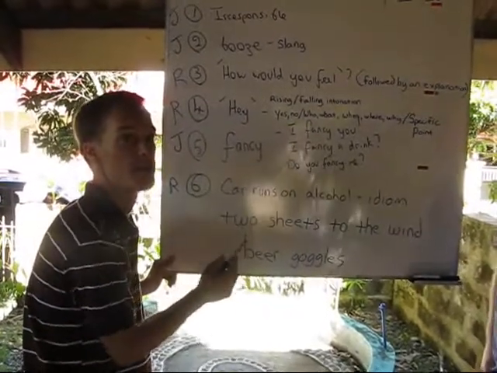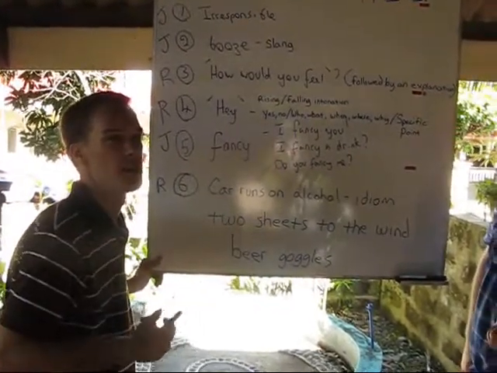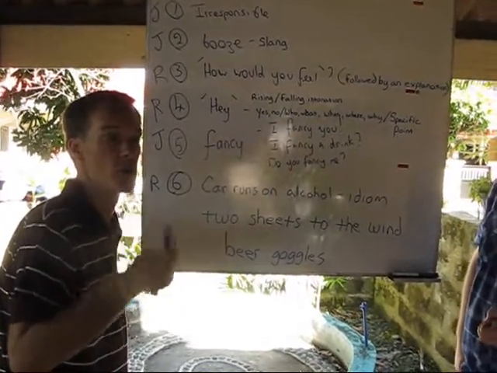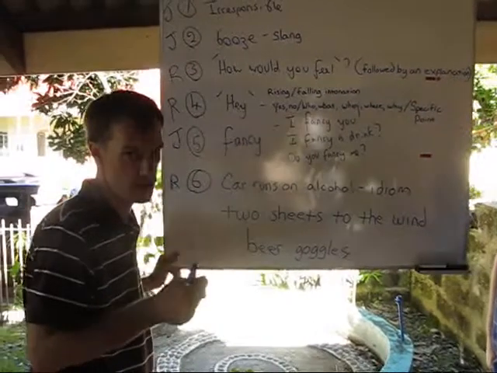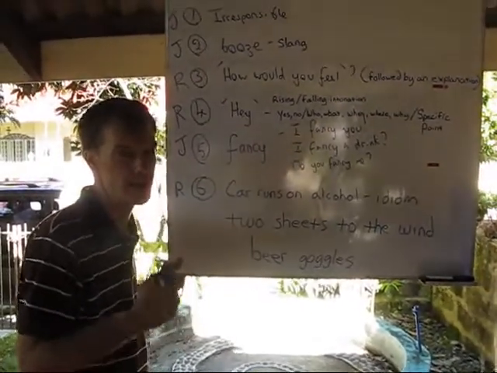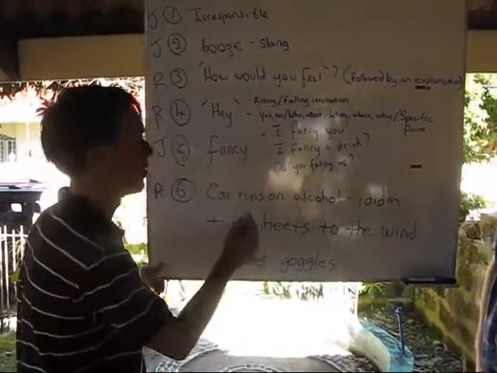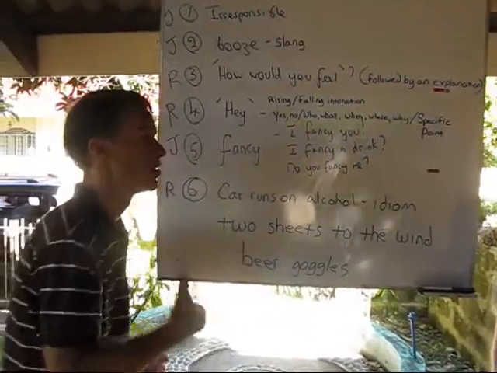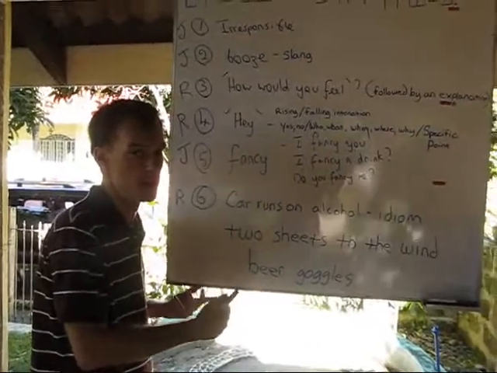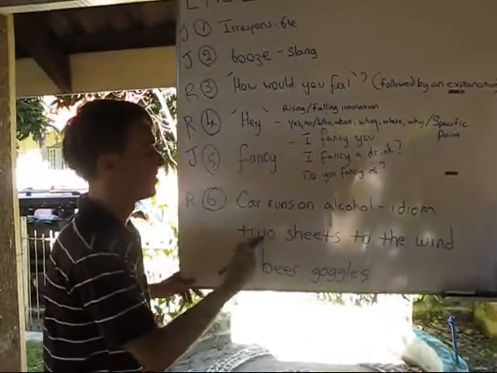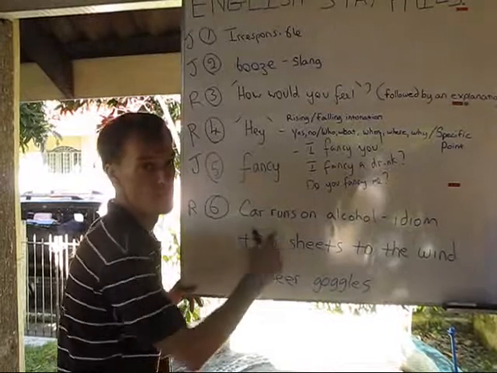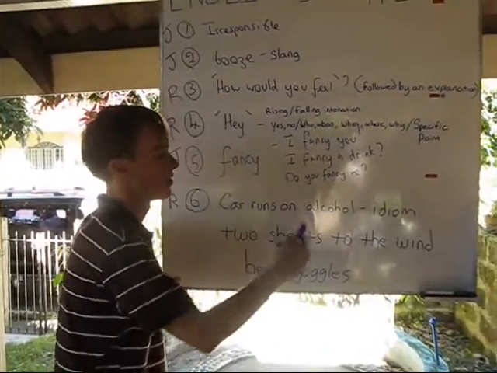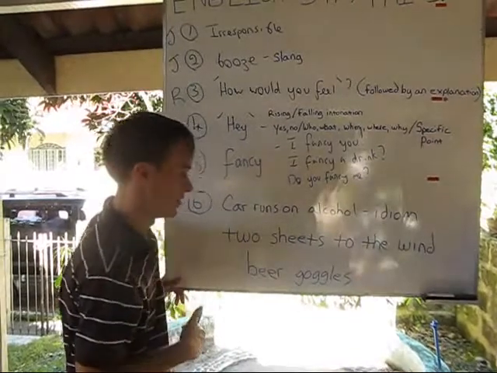This is an idiom. An idiom is like a sentence that you do not interpret exactly how they say it. It's kind of like a poetic expression. Like, the car runs on alcohol. When you think of something running, that's like a human being. The cars don't run. But it still means something, like it means with momentum or movement, that the car moves because of alcohol or gasoline.